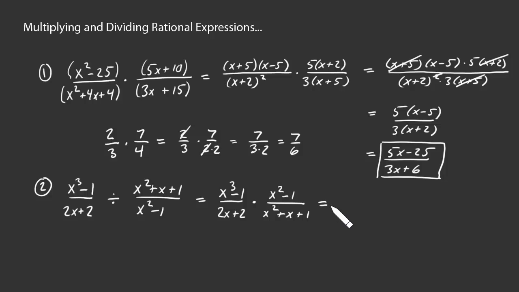Instead, factor and then cancel. This first numerator, that's a difference of two cubes. That's certainly a cube. 1 is a cube of 1. So this would factor into x minus 1 times the first guy squared there, plus the product, plus the last guy squared.